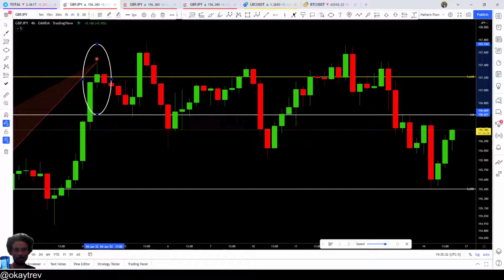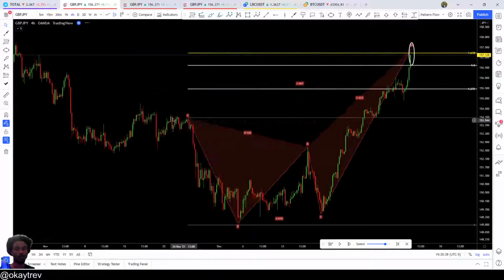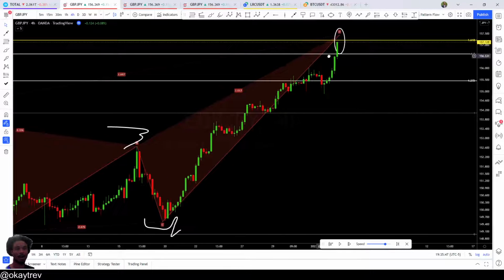After this first candle, let's be specific on what we're watching here, so people aren't confused. All we did was mark a point here. 1, 2, 3, 4, 5. At point 5, this is all I did.